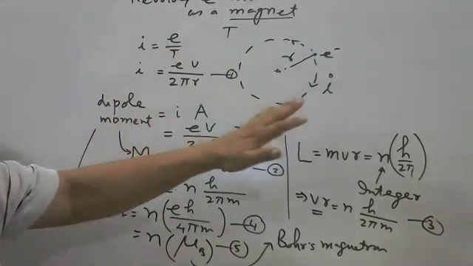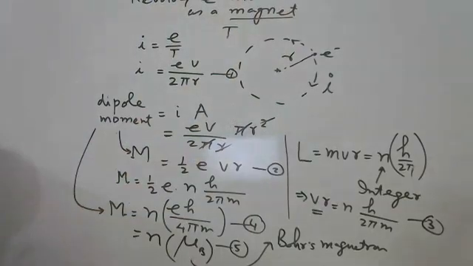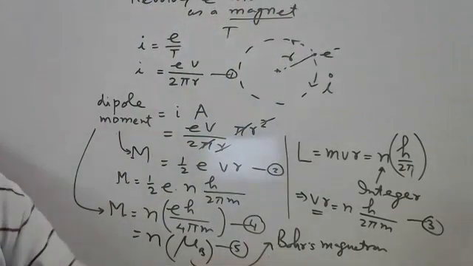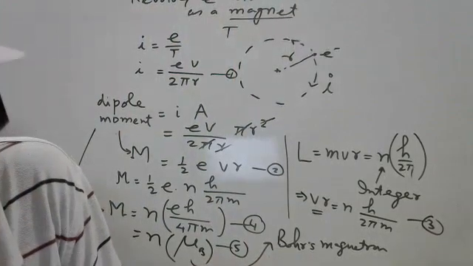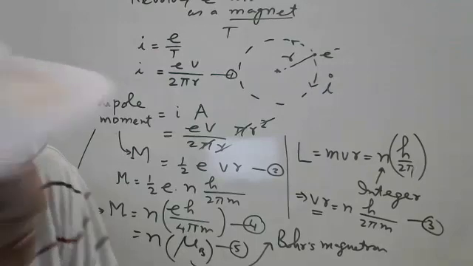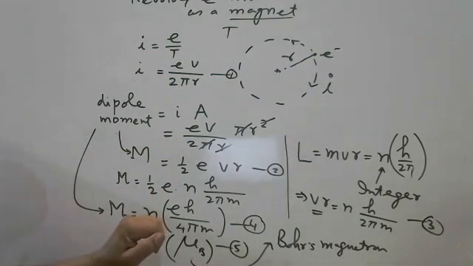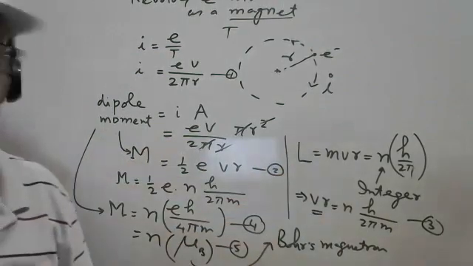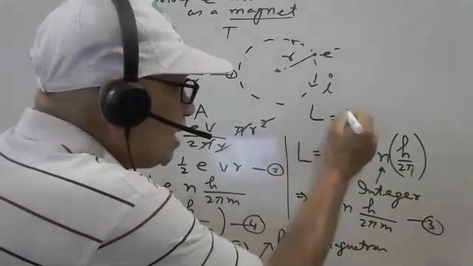Regarding this discussion, a revolving electron around the nucleus acts like a magnet, and this is the derivation. Student: Sir, how did M equals mvr come? In which equation? Okay. What is angular momentum as per the definition? L equals r into p.